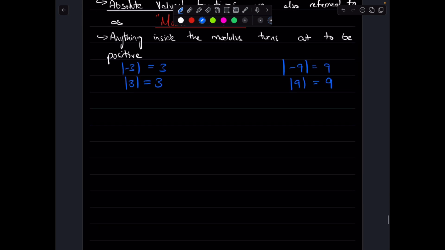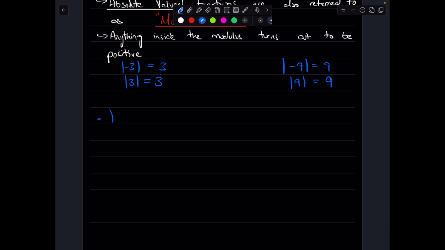So, what if I have x inside the modulus and it's given that this equals 5? So, x can either be 5 or x can be minus 5. Thus, this can be written as x equals plus minus 5.